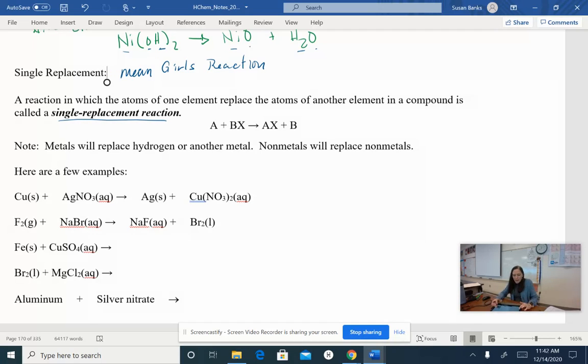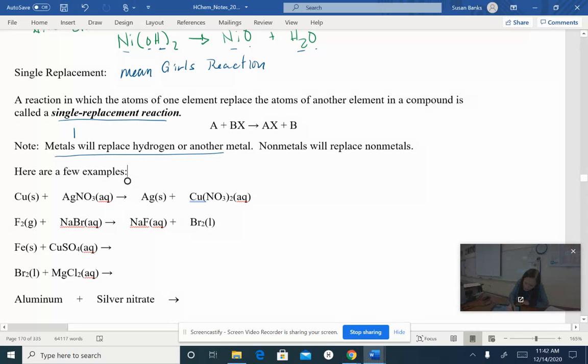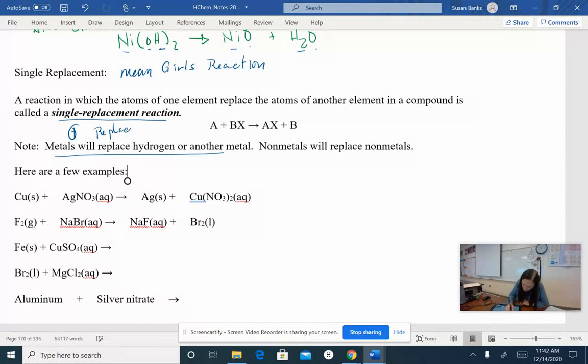So metals will replace hydrogen or another metal. I like to say positives replace positives, and nonmetals will replace other nonmetals. Negatives will replace negatives. Okay? So positives replace positives, negatives replace negatives.